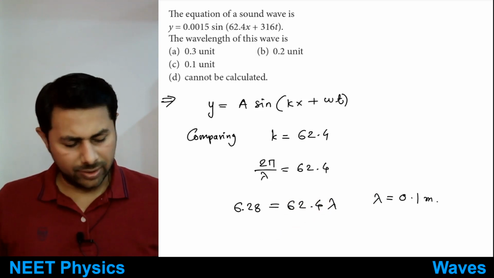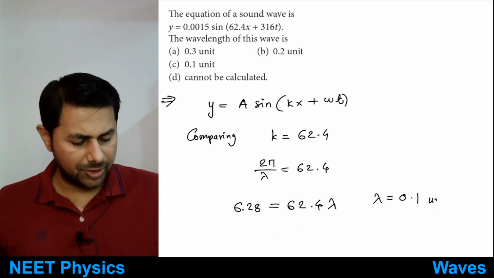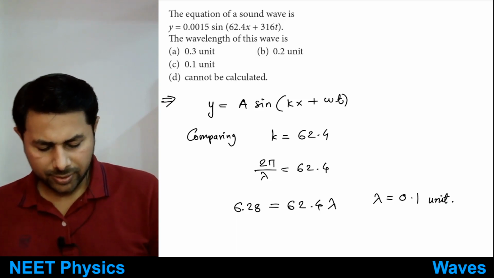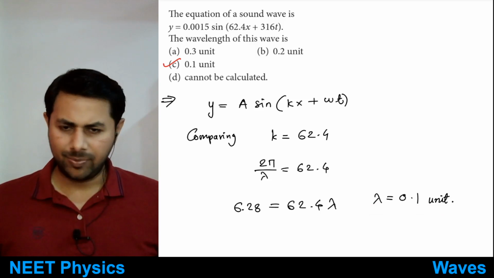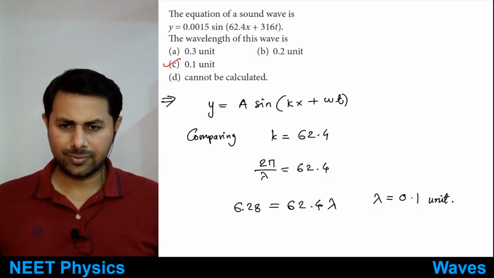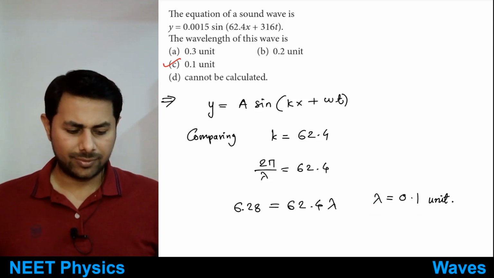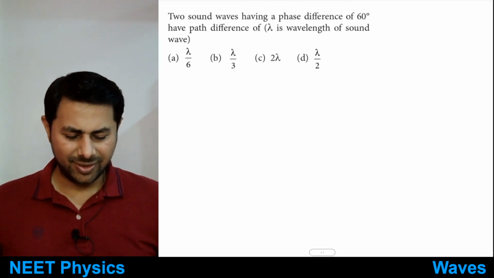But the unit is not given, so it's 0.1 unit. It is option C, right? This is simple. Yes, no, right. Let's see the next one.